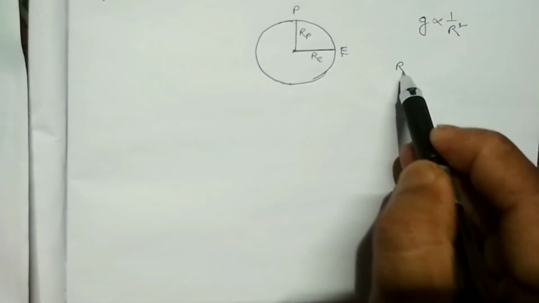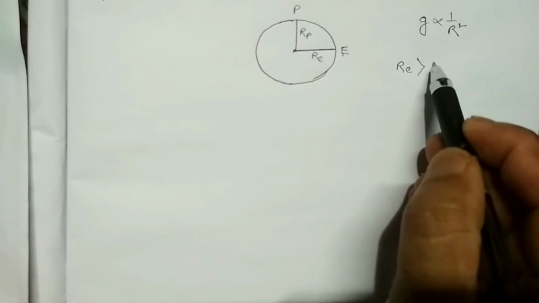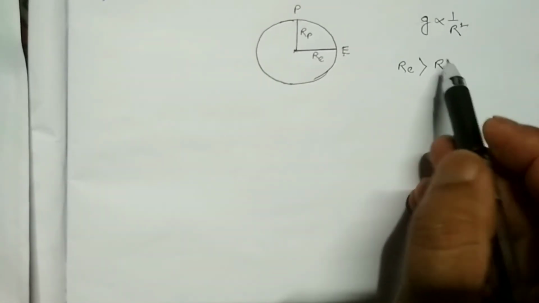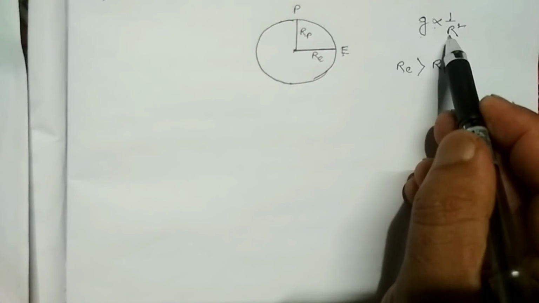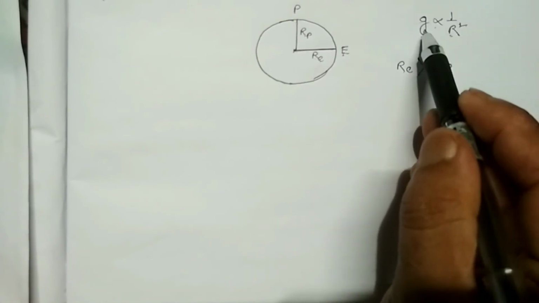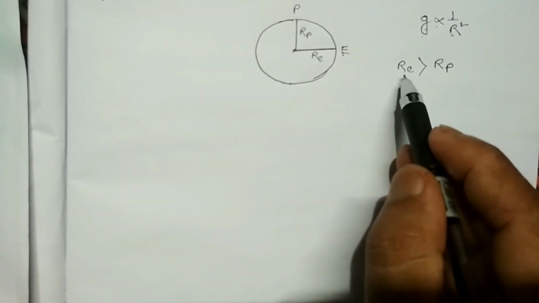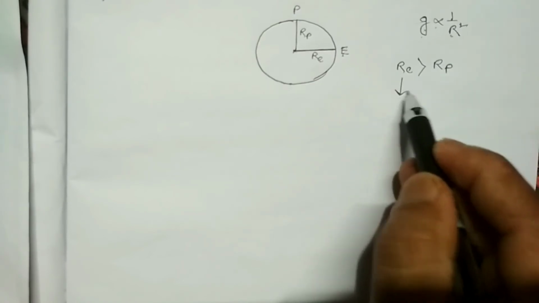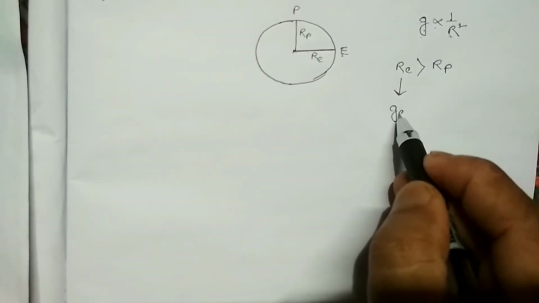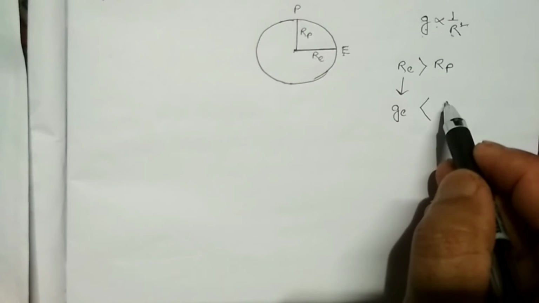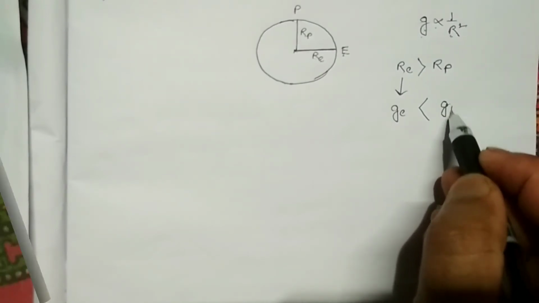So the radius along the equator is more than the radius along the pole, and we know g is proportional to 1 by r square. That means when the radius is more, g will be less. Therefore the value of g at the equator will be less as compared to the value of g near the pole.